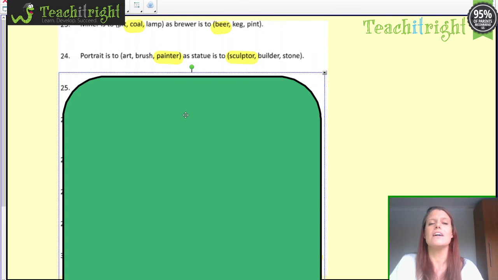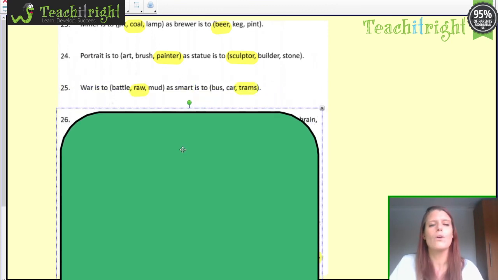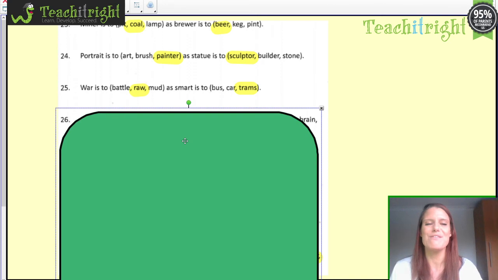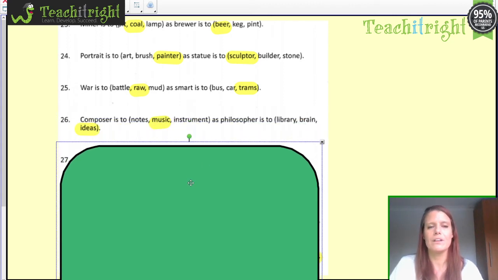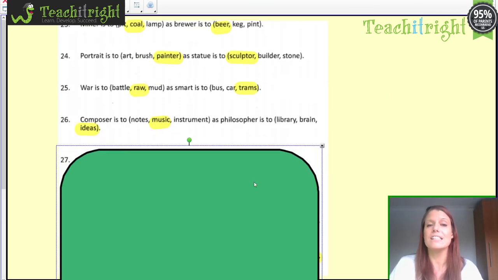Portrait is to painter, as statue is to sculptor, not builder. War is to raw, as smart is to trams. This is another reversal of the letters in the word. So war becomes raw and smart becomes trams when read the other way. Composer is to music, as philosopher is to ideas.